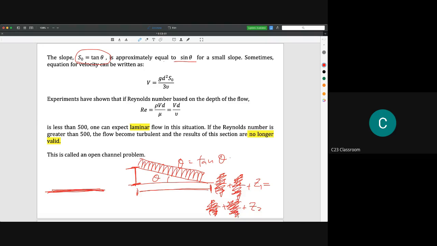So actually it is equal to plus losses, if you remember. The losses here can be calculated as Z1 minus Z2, so the height here will contribute to the losses of the flow.